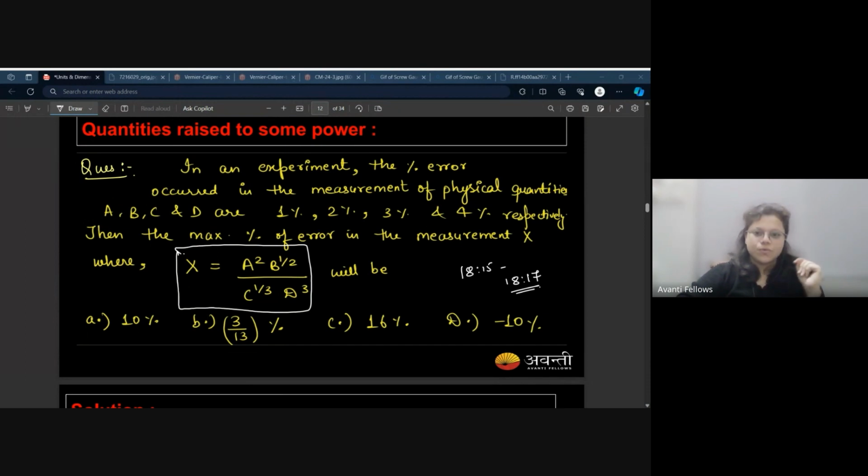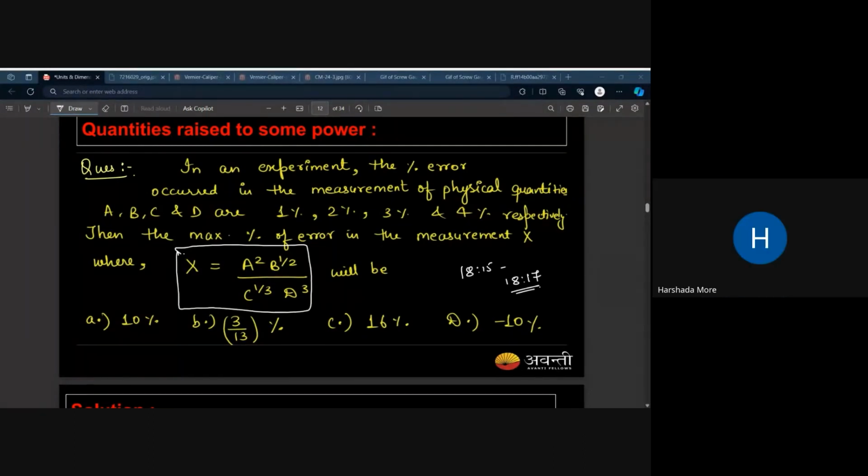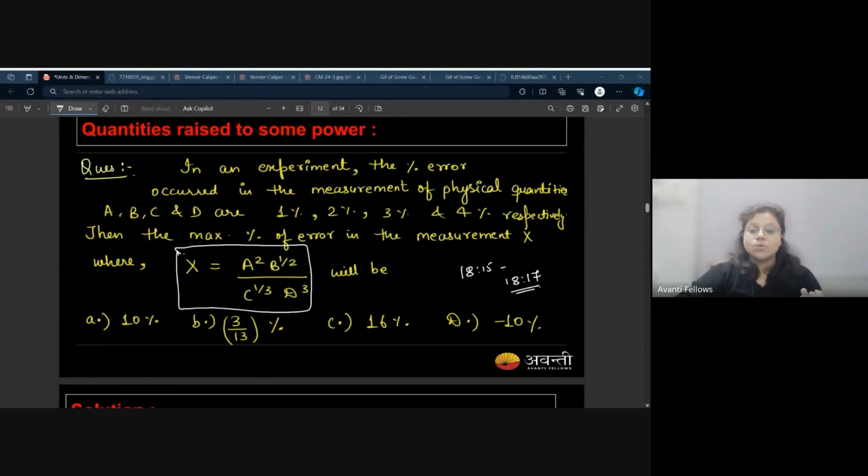Why are there only 4 votes? I'm not talking about the correct one or the wrong one. You are trying to solve the question, that is important for me. So please tell me, is it difficult? Are you not able to understand the concept? Ma'am, not understood the concept. So yes, that's cool. Just let me know.